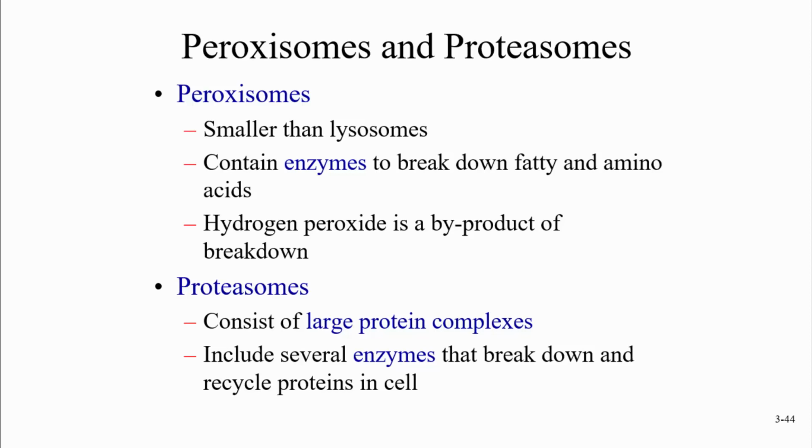Okay, peroxisomes and proteasomes. Peroxisomes are smaller than lysosomes. They contain enzymes that break down fatty acids and amino acids. And hydrogen peroxide is a byproduct of that breakdown. Now, hydrogen peroxide is damaging to cells.